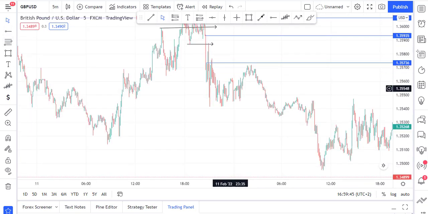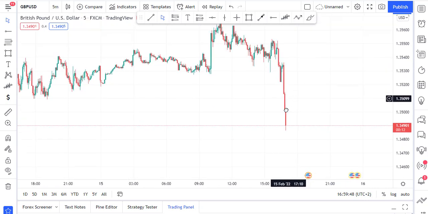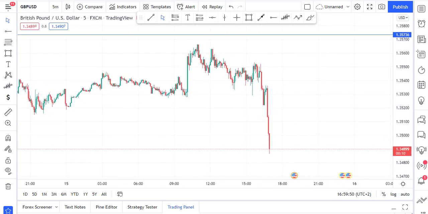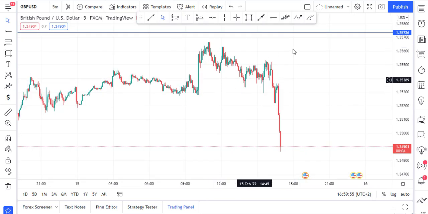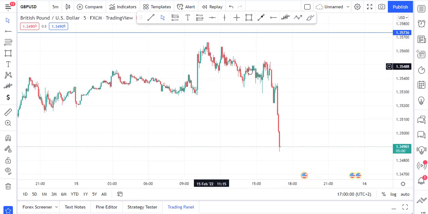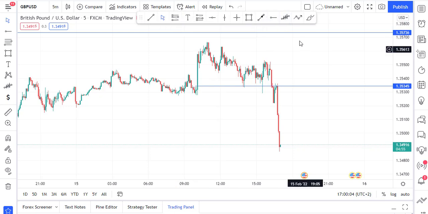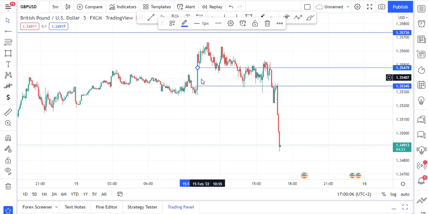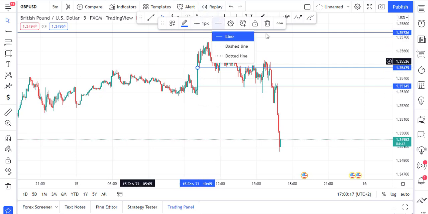Okay, so let's move on and look at what was happening today. Today is 15th Feb, Tuesday, right? So this is how price moved. As you can see, there are no gaps here, but I just want to point something out to you. This is some inefficiency in the market. As I said, it works as a magnet to price. As you can see here, this was a gap created by this up move, maybe in the Asian range.